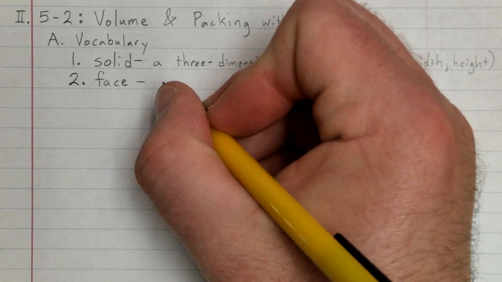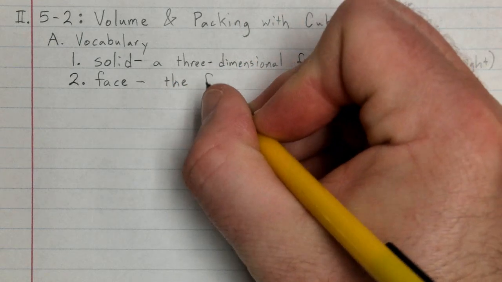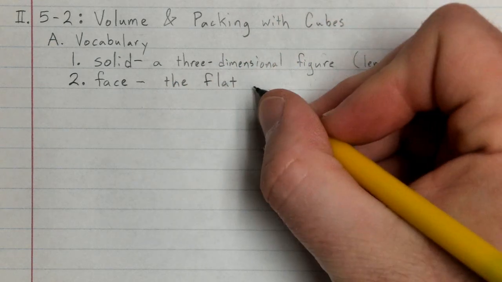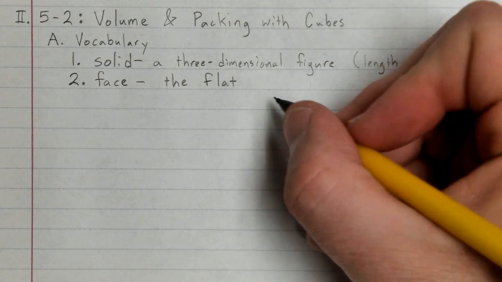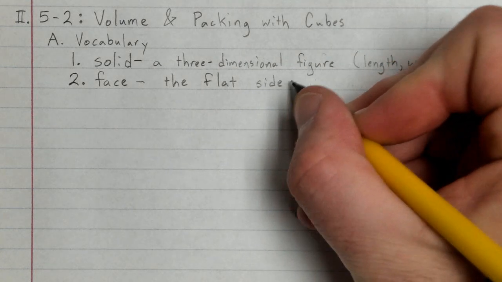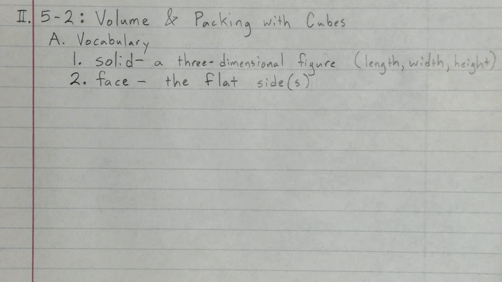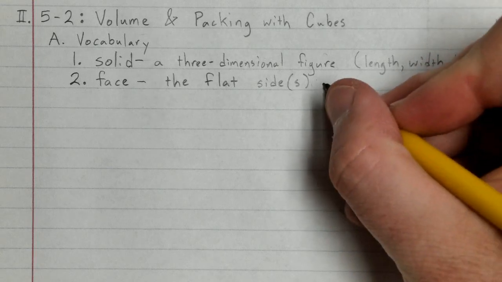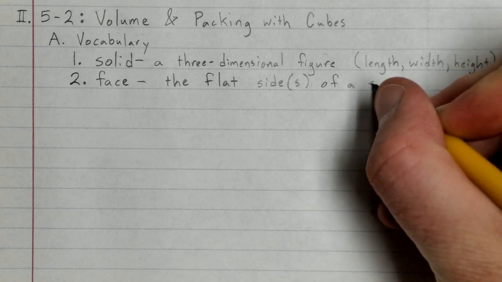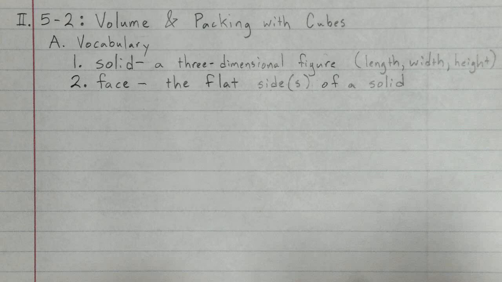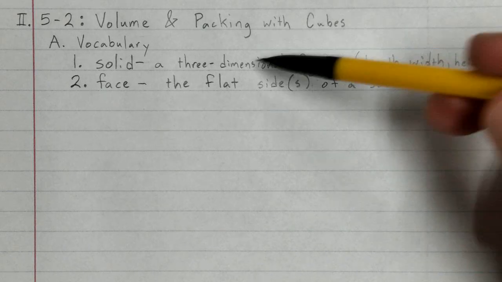The face is the flat side or sides, because again, they're usually going to have more than one. The flat sides of a solid. The flat sides of a three-dimensional figure.